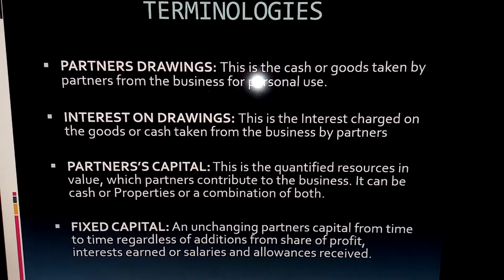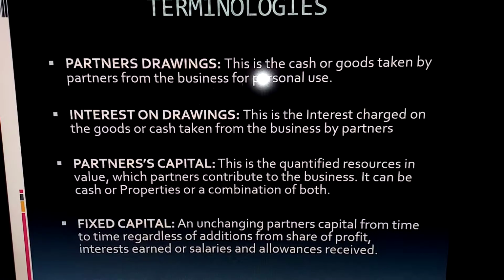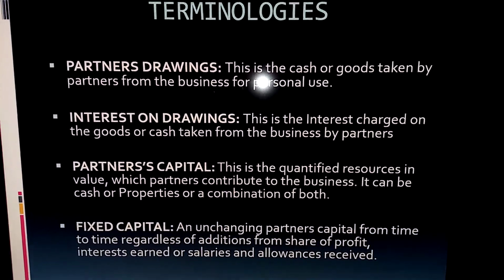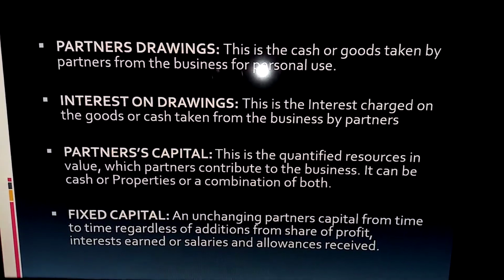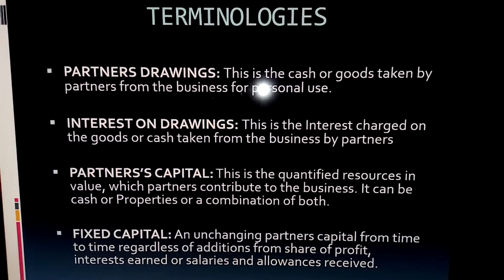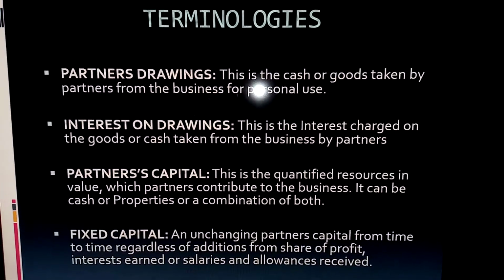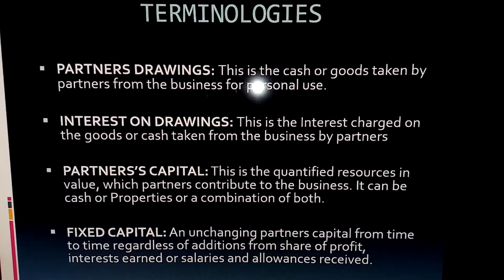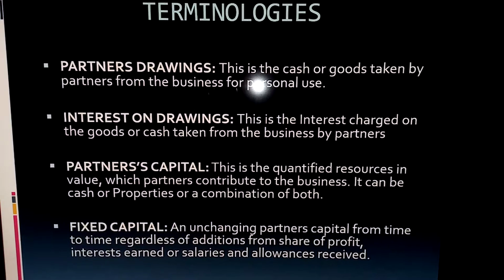The next one is partners' capital. That is the quantified resources or the value of the cash or properties that each partner contributes. So if, for instance, you're in a partnership with your friends, and you contributed 10 million and a house, or you contributed 10 million and a car, that 10 million is the capital.